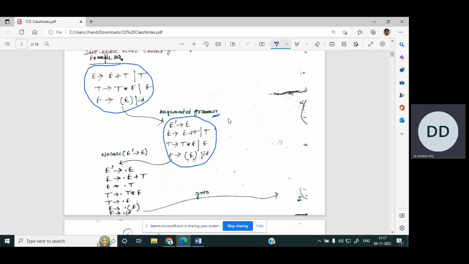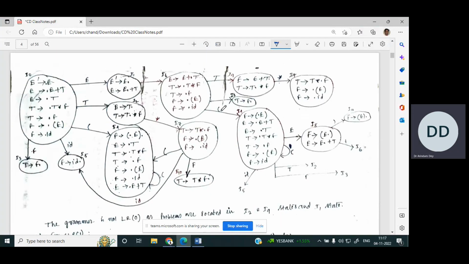This was called augmented grammar because this production was added. After that, you perform the closure of E dash to E, the first production. So this was the closure set. After that, you have to execute the goto function. Under the goto function, this was the state transition diagram. Correct? I hope you have practiced it and could have generated this set. Now, if you can understand this example, all the cases you can understand.